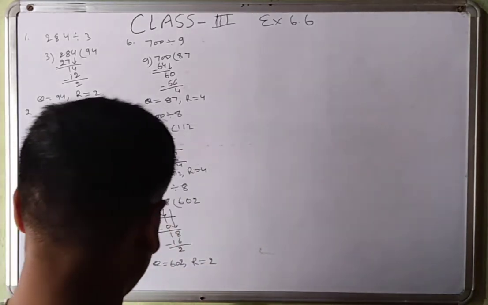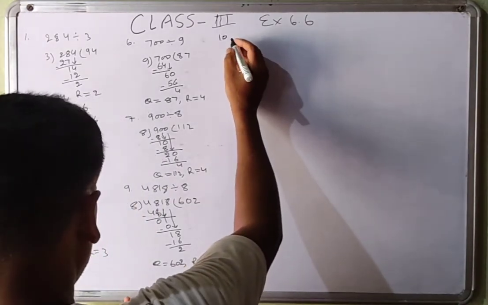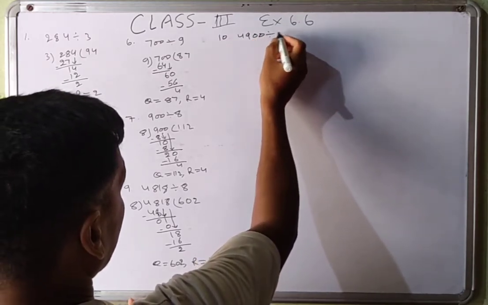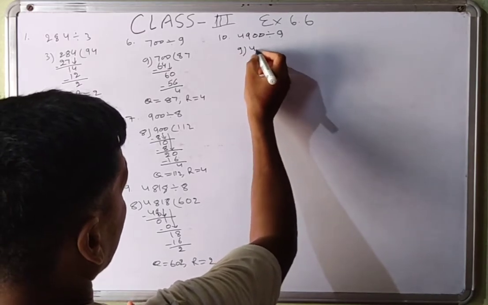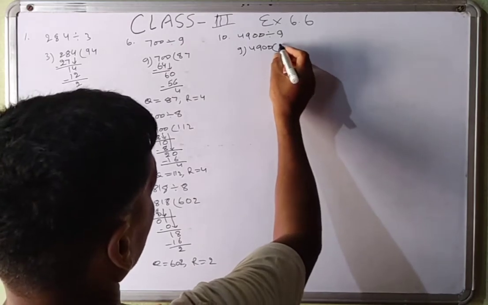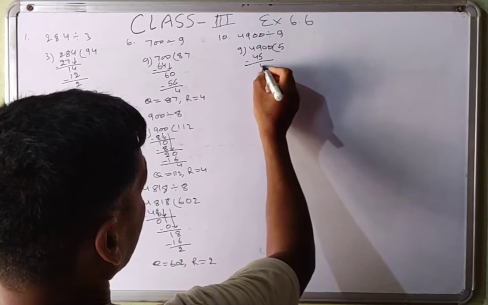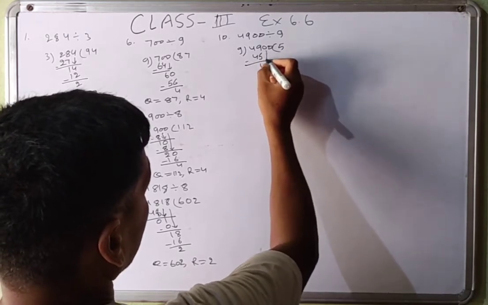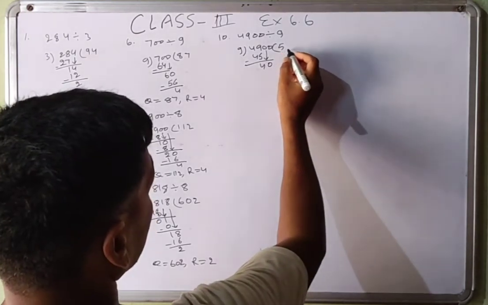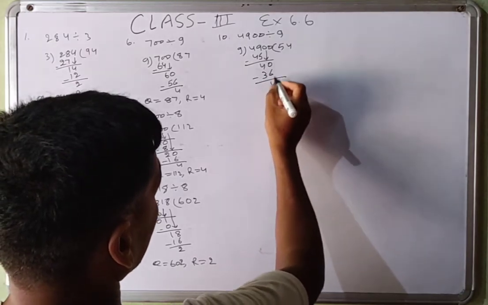Now question number 10. 4900 divided by 9. So 9 into 4900. 9 fives are 45 and then 4 is the remainder, then left 0. 9 fours are 36, then the remainder is 4.